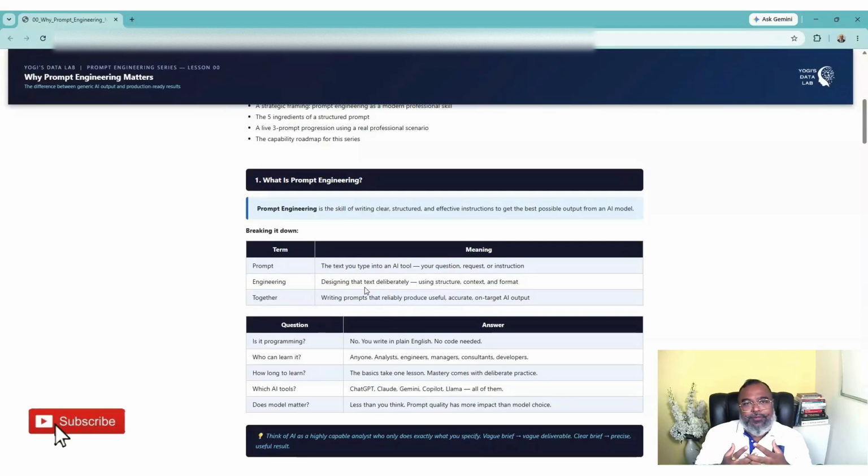Because most of the times, what we end up doing is just use it like any search engine, and we say just write this for me or do this for me. So what happens is it becomes very generic. So you're going to understand the structure, exactly how a prompt should be written, how a context should be set, how you should be expecting an output, and how the results are going to come out.